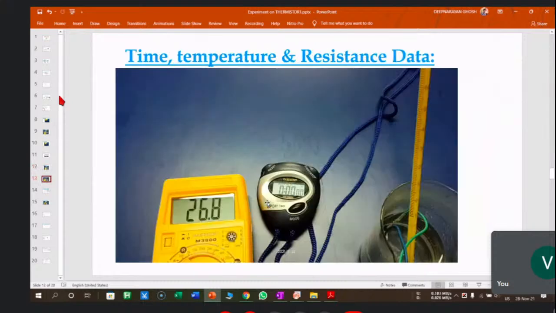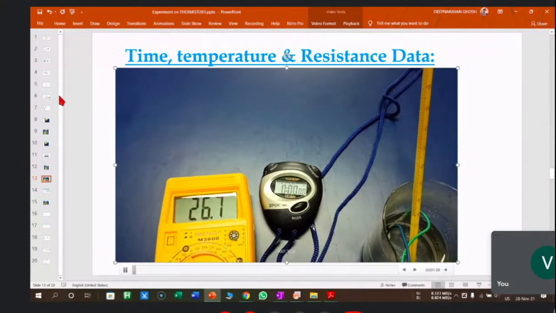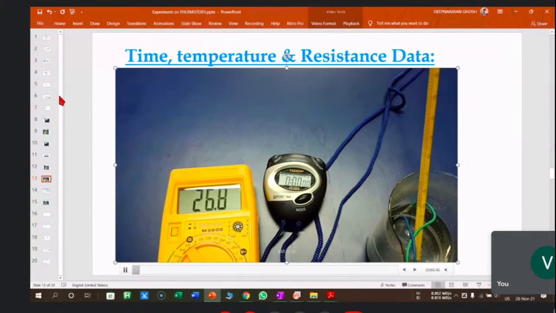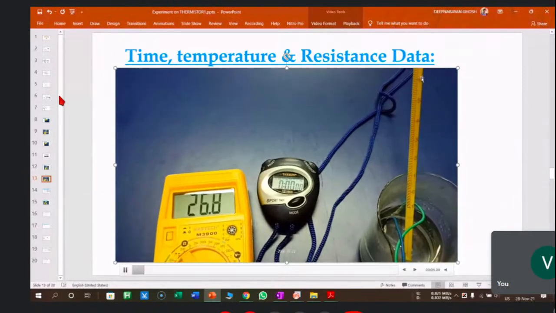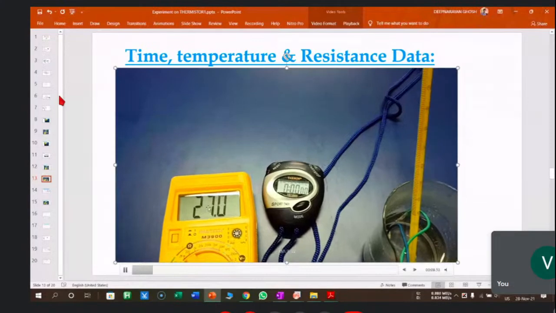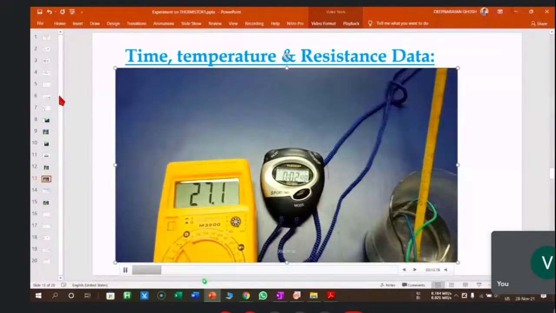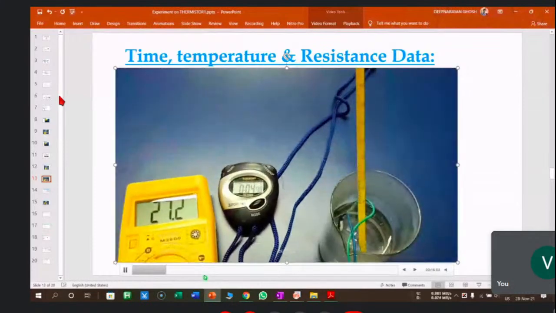I have taken time, temperature, and resistance data for both experiments: calibration of the thermistor as a temperature sensor, and verifying Newton's law of cooling. You can see that with increasing time, the hot water temperature decreases and the resistance of the thermistor increases.